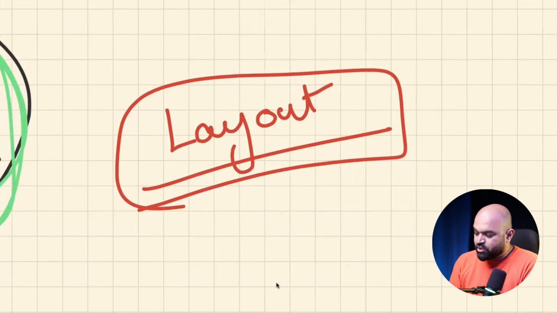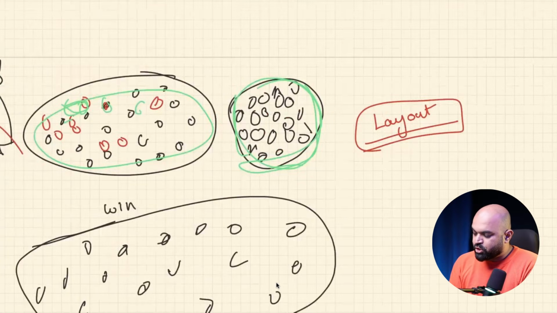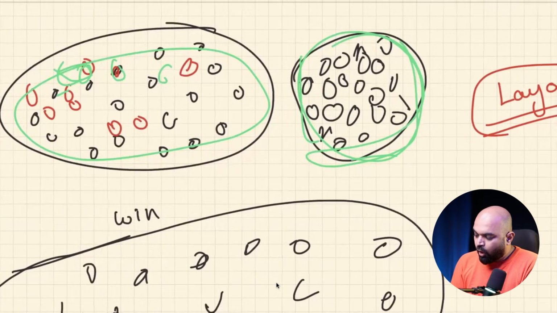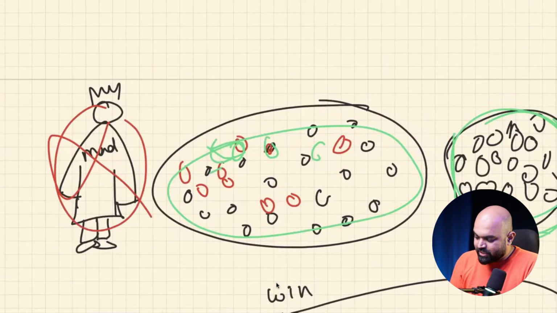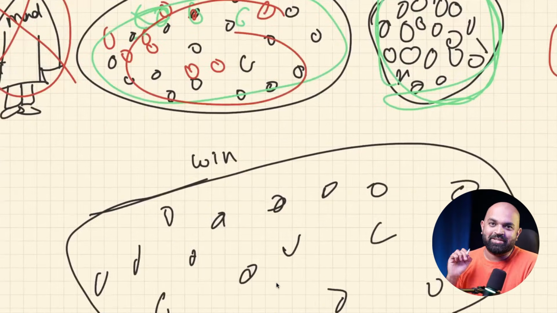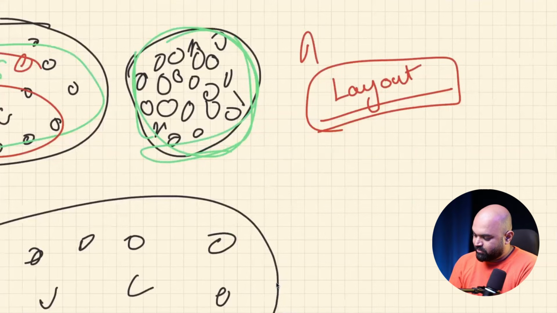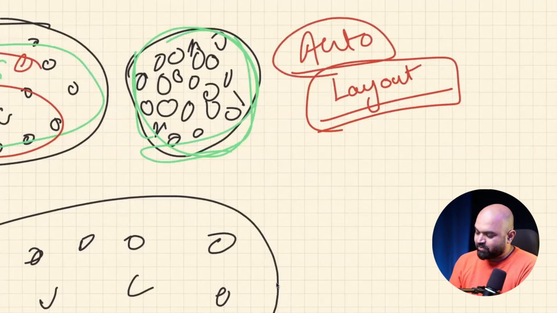If we take a decision about how the respective positioning should be, designers design layout, right? But if either this Raja decides or the Praja decides, and by themselves they organize, it is called auto layout because it's happening automatically.